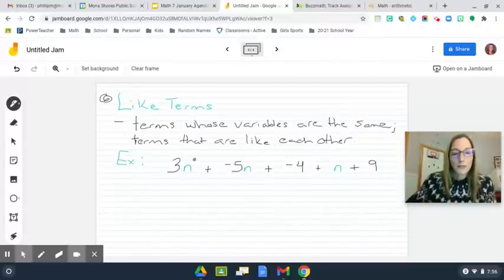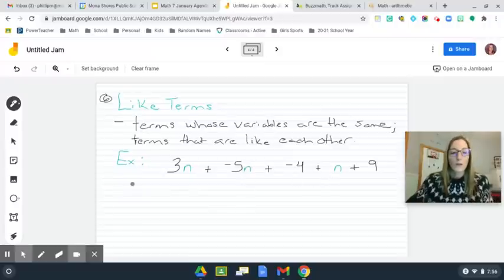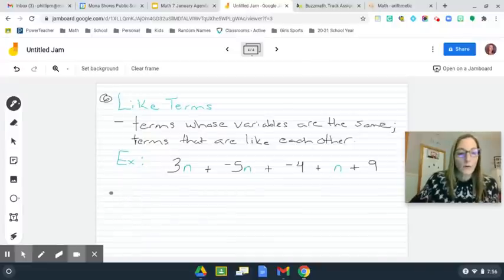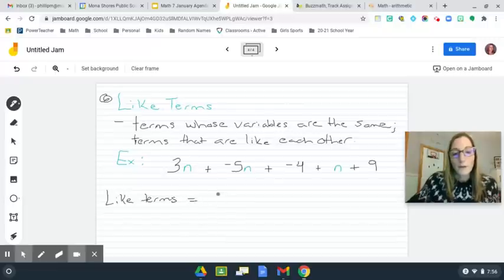You'll notice I put the n's in blue. Those 3 terms, 3n, negative 5n, and n, 1n, are considered like terms. So like terms, I would group together 3n, negative 5n, and n, 1n.